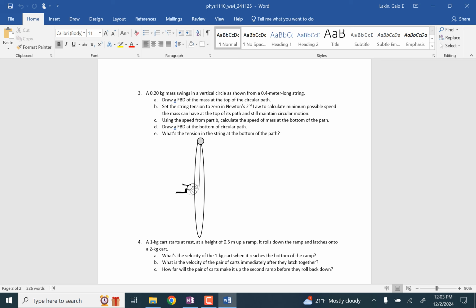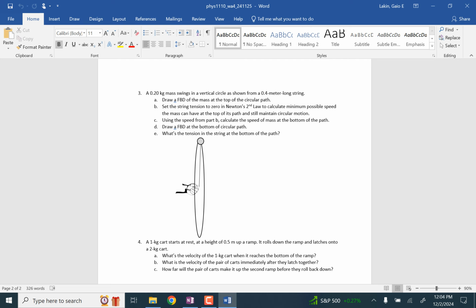And so it starts out, parts A and B are like a circular motion problem, where you calculate the centripetal acceleration, come up with an expression for it, and it'll let you calculate the speed.